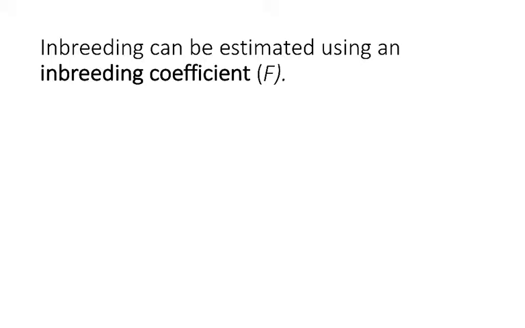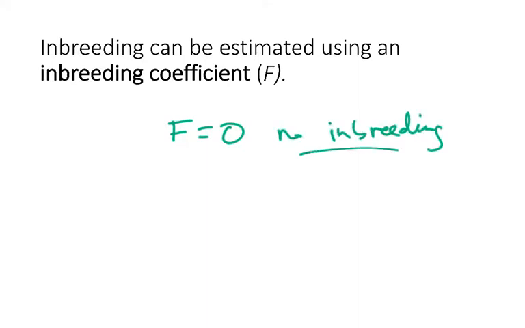So when we're thinking about how you quantify inbreeding, you can use a couple different metrics, which we'll talk about in this video. One of them is called an inbreeding coefficient, abbreviated as F. And like we've done previously, I'm not going to ask you to know how to calculate this, but just know in terms of interpretation, if you see an F value of 0, that means there's no inbreeding, so the population has high genetic diversity.